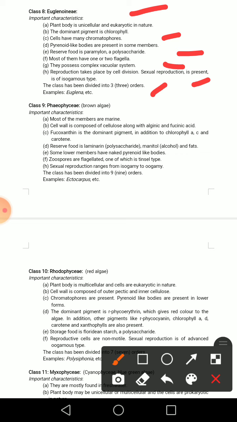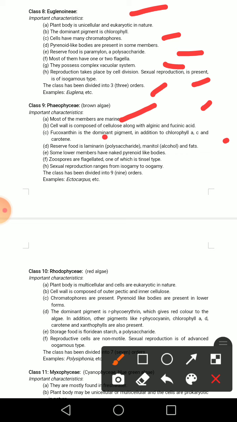Class 9 is Phaeophyceae, known as brown algae. Important characteristics of class Phaeophyceae are: most of the members are marine. Cell wall is composed of cellulose along with alginic and fucinic acid. Fucoxanthin is the dominant pigment in addition to chlorophyll A, C, and carotene.